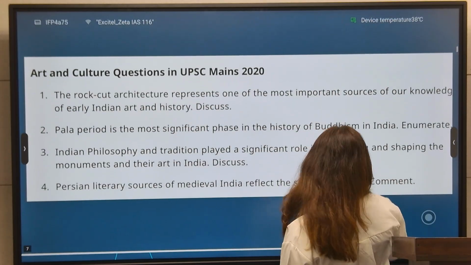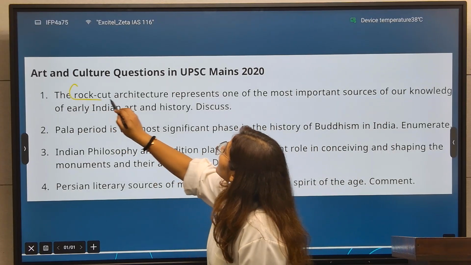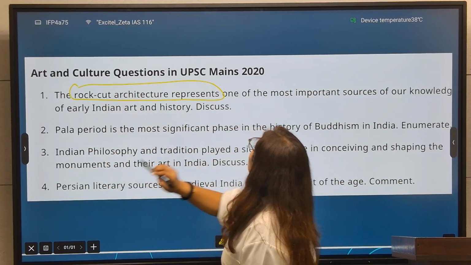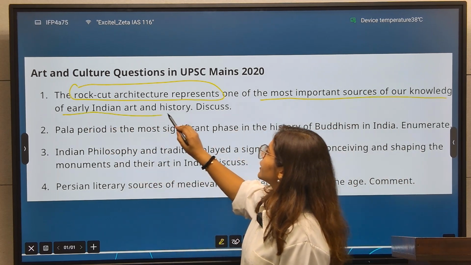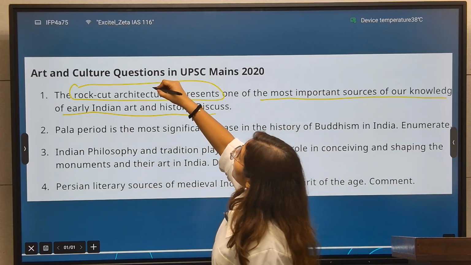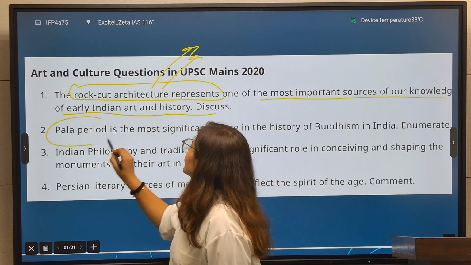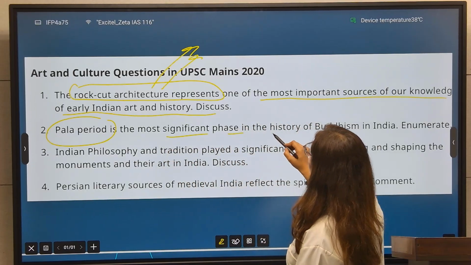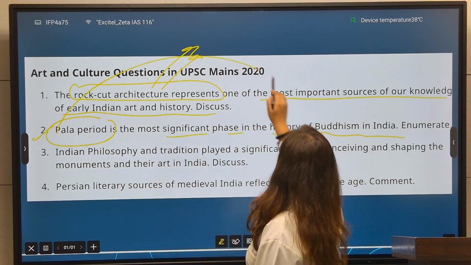In 2020, rock-cut architecture represents one of the most important sources of our knowledge of early Indian art and history. So what is rock-cut architecture? Pala period is the most significant phase in the history of Buddhism. So Pala period and Buddhism.